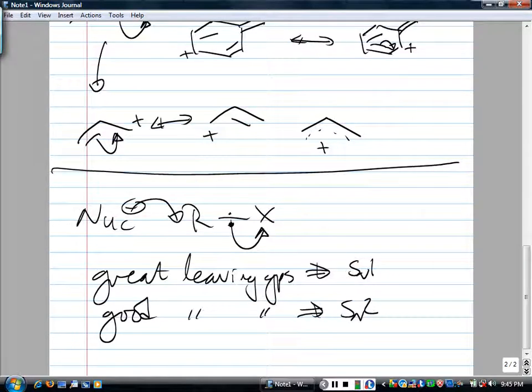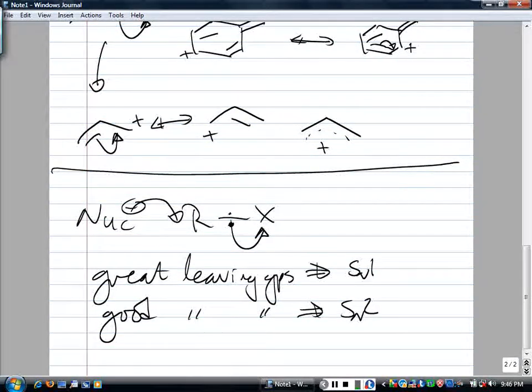So the nature of R defines the course of the reaction: SN2 for methyl and primaries, unless the primaries are resonance stabilized, SN1 for tertiaries. It's only when you're secondary that it can be SN1 or SN2.